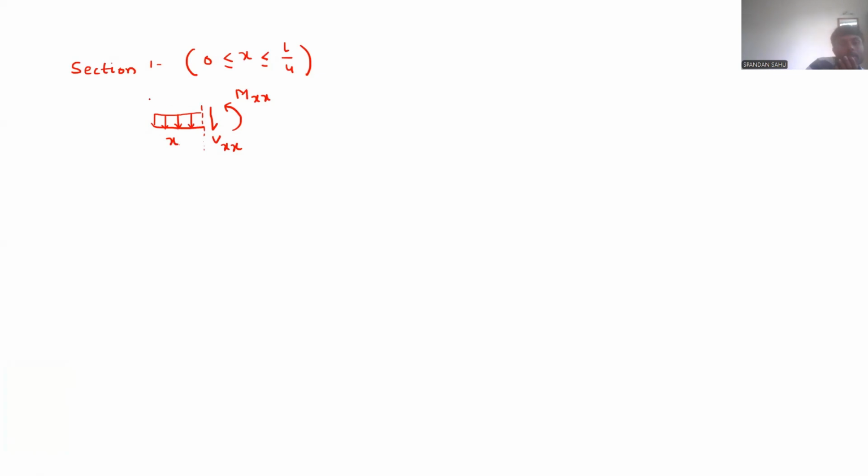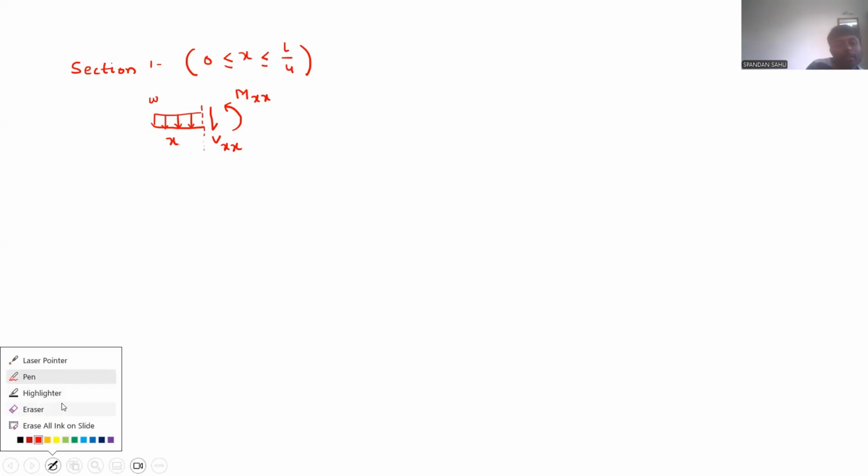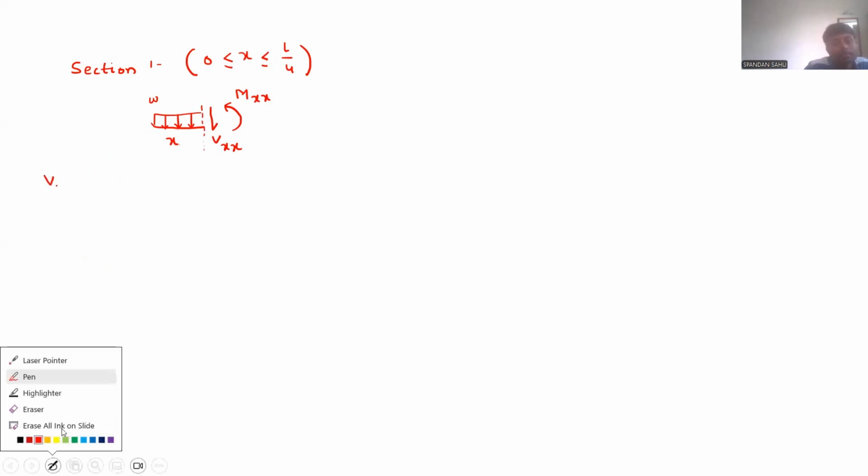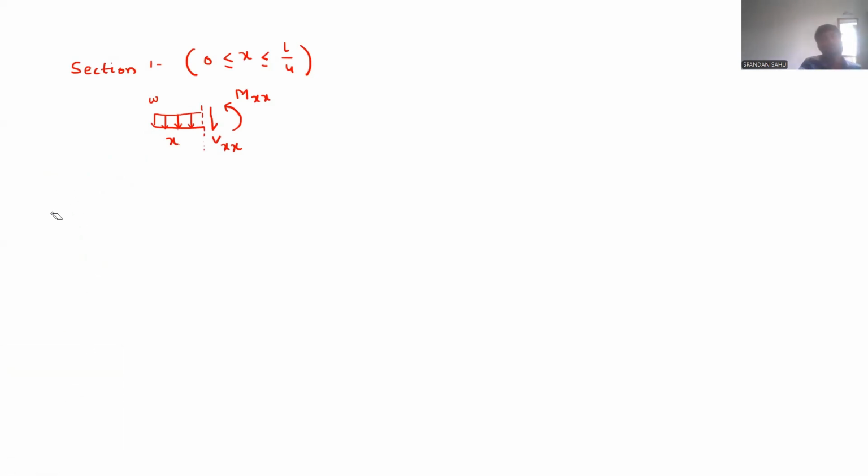For this section 1, having a UDL of W kilonewton per meter for a span length of X, where X varies from 0 to L by 4. So let us write what will be Vxx. Please tell me the equation for Vxx. Tell me.